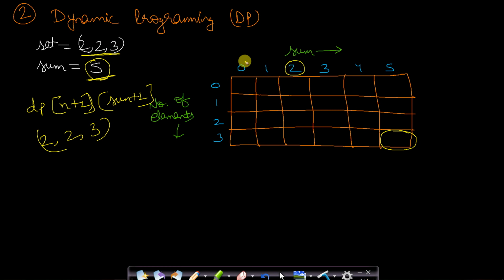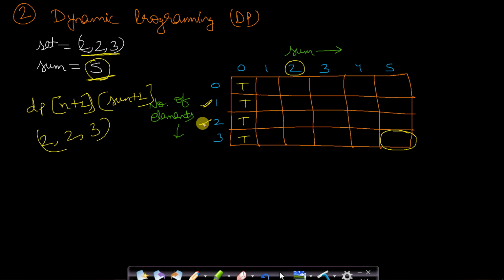Here you can see that if we are required to find a sum value of 0, then we do not need any element. So it is always true that we can find a sum value of 0. We fill it up with true, because if you have one element in your set, you just exclude this one element and you can find a sum value of 0.